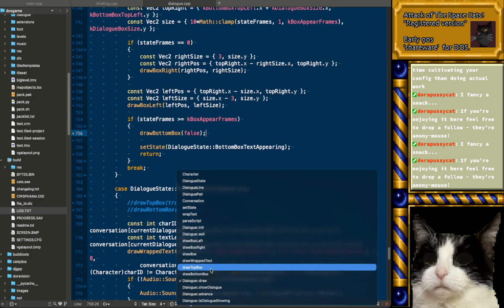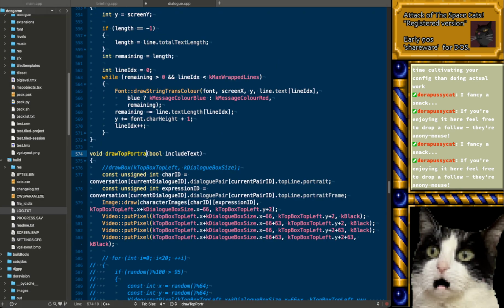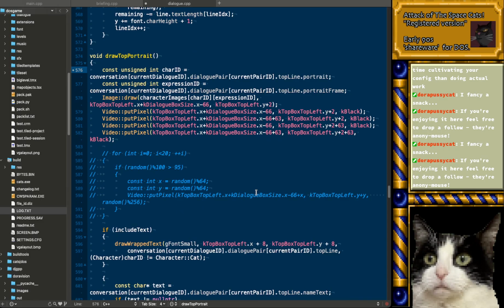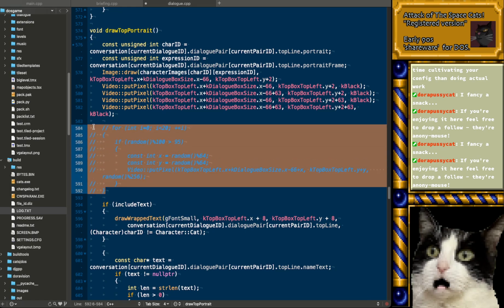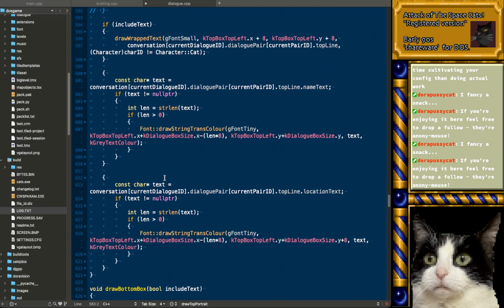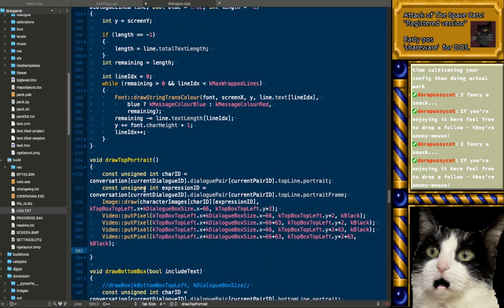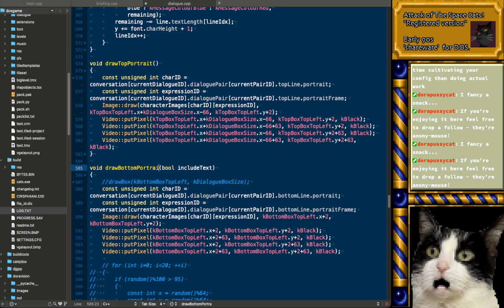I've lost both of them. There they are. Should really just say draw top portrait. And that should go. Oh yeah, that was when I was trying to do static over the portrait. Yeah, that never worked. Certainly isn't going to work on a 386. Yeah, screw it. Or bottom portrait.